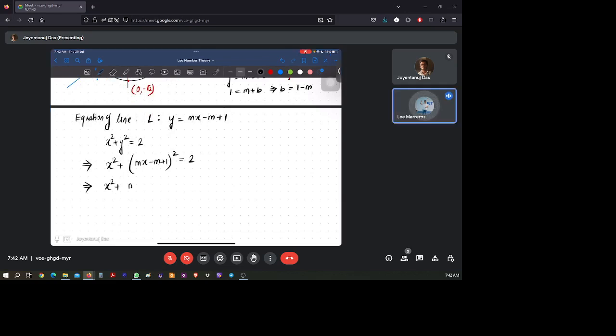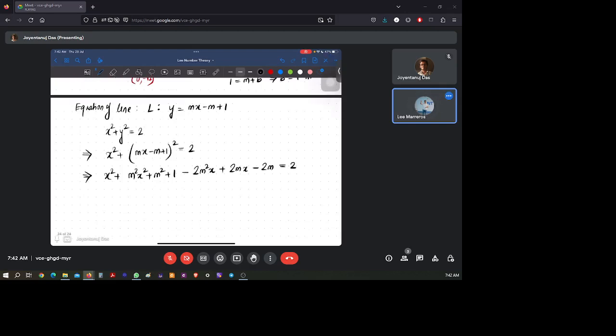Okay, x square plus m square x square, so m square plus 1, then minus 2m square x, 2mx, minus 2m. If I bring everything to one side and collect the terms, x square terms: it is m square plus 1 times x square.